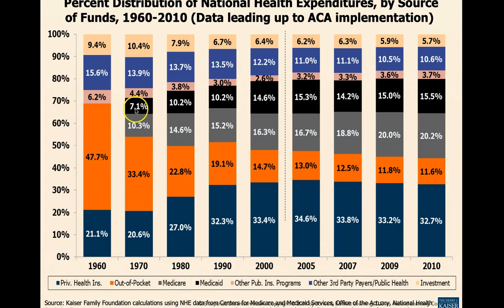But in 1970, we start seeing that, and it has steadily increased in terms of percentage of where the money comes from. And take a look at Medicare, for instance, which is the gray area of the bar, and it's steadily increasing, which tells us that we have a steadily increasing Medicare population, which means we have more and more people growing older that are living longer.